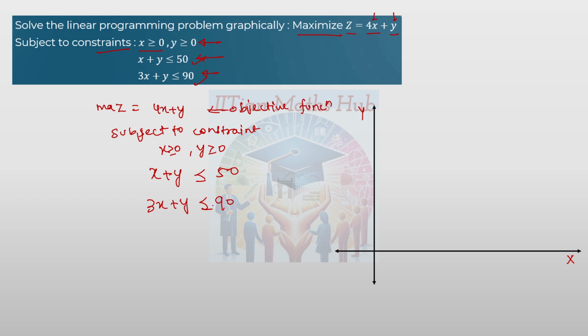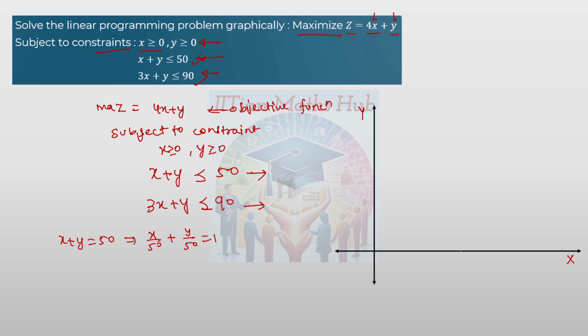We just have to understand how we plot this. We can consider this as a linear equation, for the sake of drawing the graph. So x plus y is equal to 50. If you convert this line into the double intercept form by dividing by 50 on both sides, the x intercept will be 50 and the y intercept will also be 50.